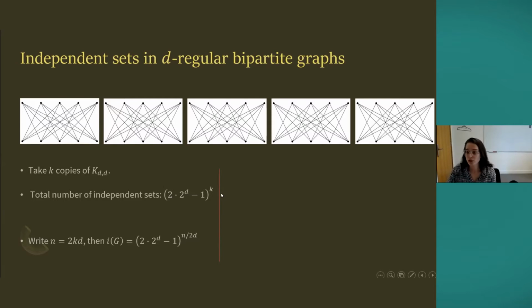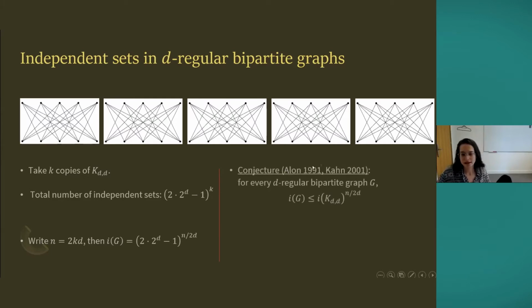Now what happens with more general d-regular bipartite graphs? There was a conjecture, formally stated by Kahn only in 2001, but already Alon mentioned it, and even before in some weaker form.